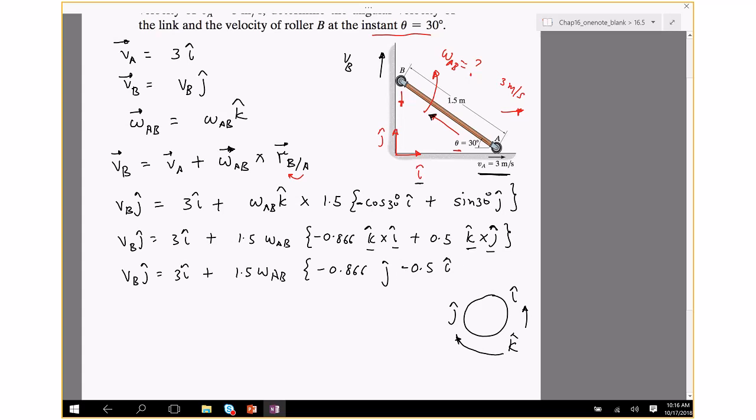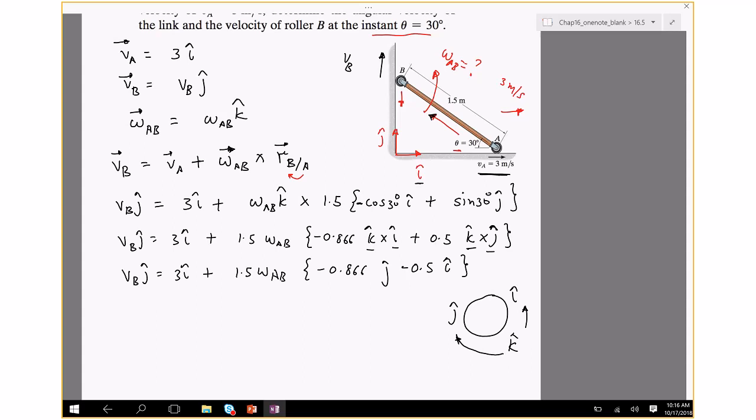So k cross i should always be j, but the sign comes from going clockwise or counterclockwise in that figure. So that is the second term. And now I'm going to club together terms involving i, club together the terms involving j, and then I'll equate the two sides.